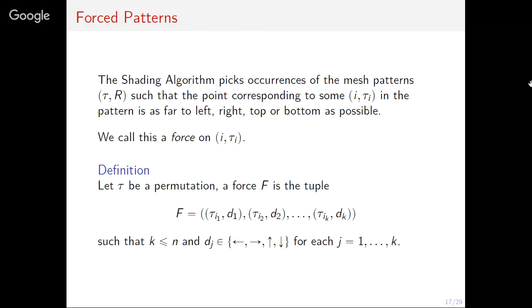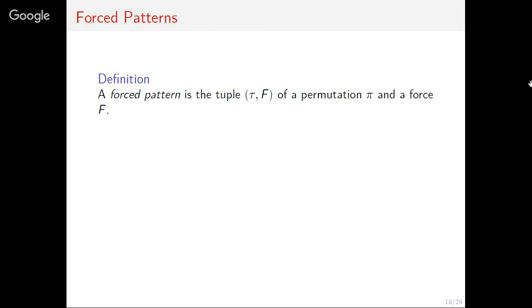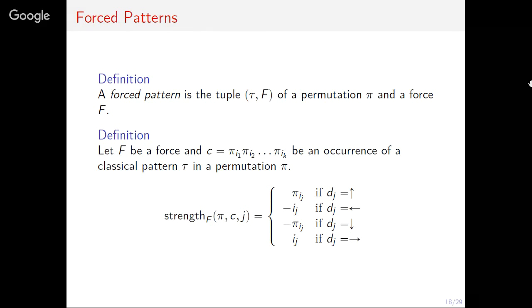Out of all those occurrences where this is true, we take the occurrences where the second point is as far to the direction D2 as possible, and so on. So we define a new type of pattern, which we call force patterns, which consist of a classical permutation pattern and a force.